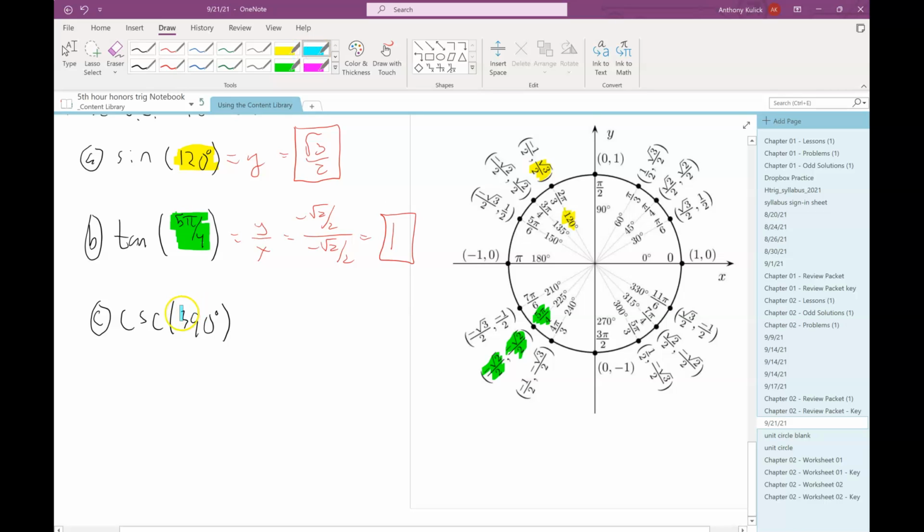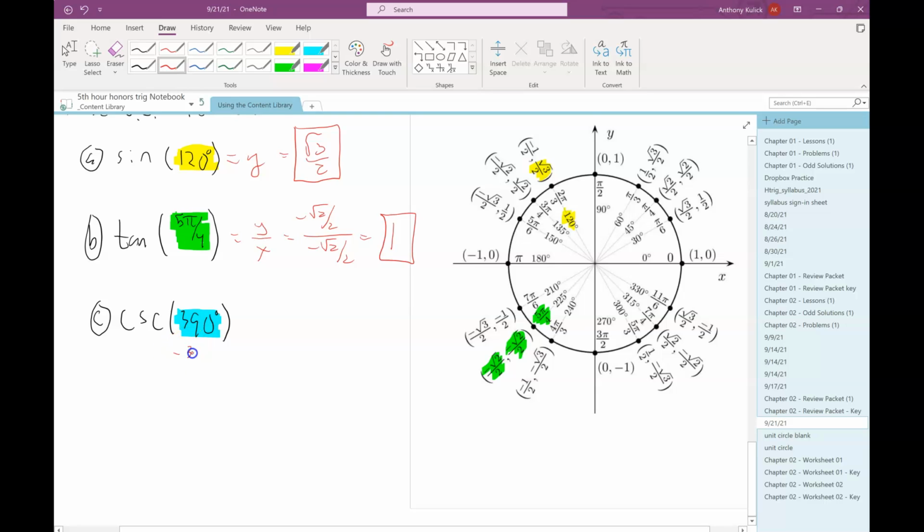Next thing we'll do is cosecant of 390. Uh-oh. If I go look at my unit circle, I don't see 390 on here. What should I do? Yeah, so what I'm going to do is just find an angle that's coterminal to 390 that is on my unit circle. Since these definitions of sine, cosine, and tangent are just dealing with a point on the terminal side, two angles that have the same terminal side should have the same values for sine, cosine, and tangent.